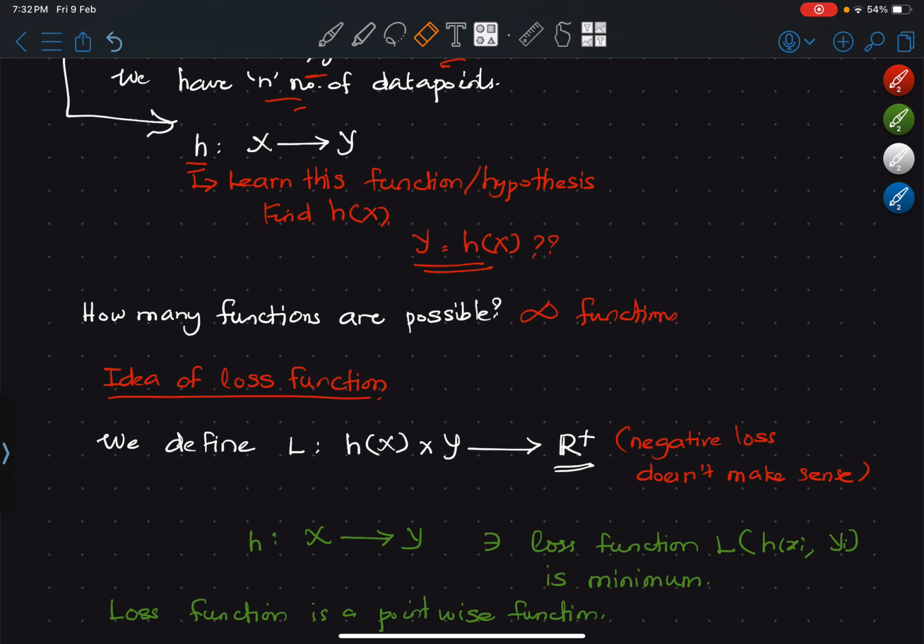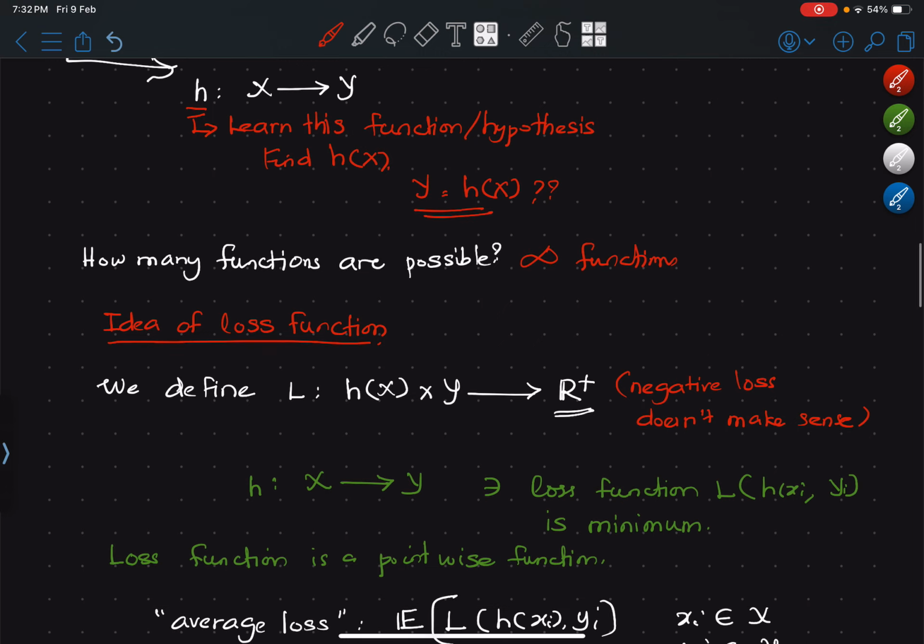Whenever we have a lot of functions, we have to restrict the set of functions which we can consider. For that, we define something known as a loss function. A loss function is a cost which helps us find an optimal function. So we cast this as an optimization problem.